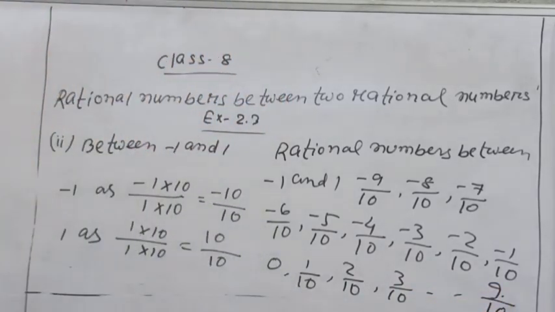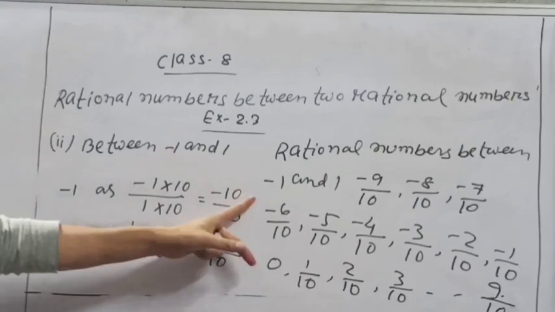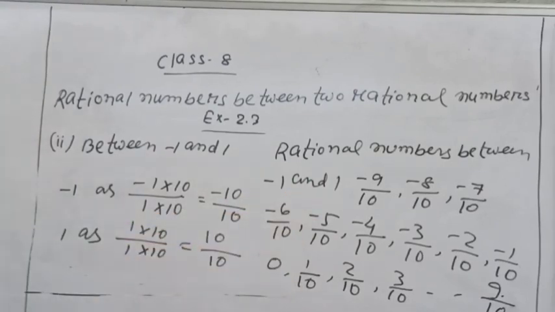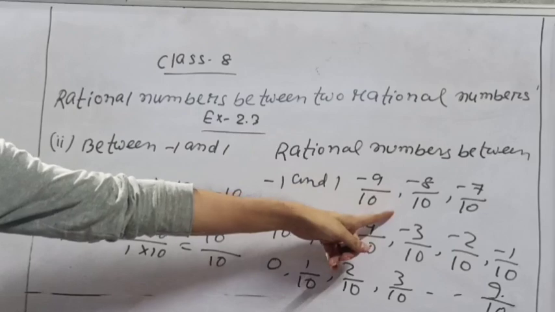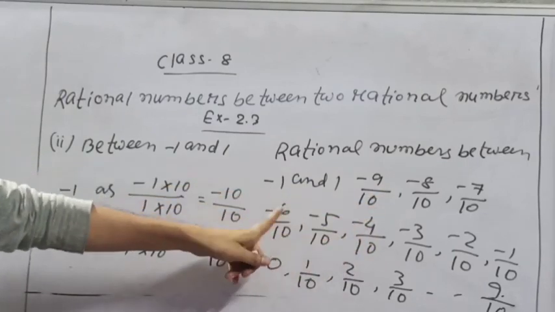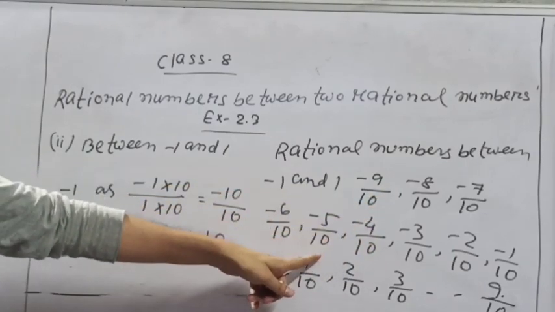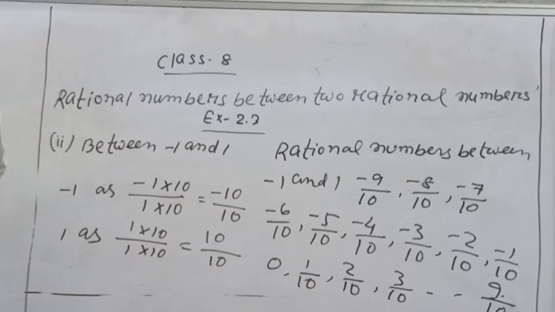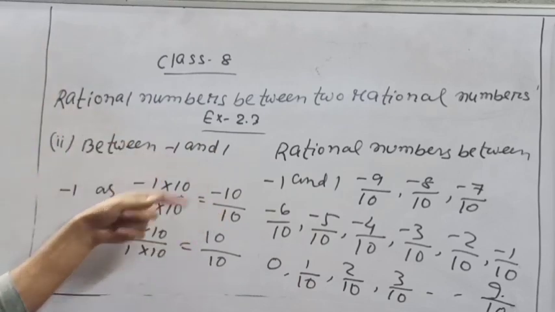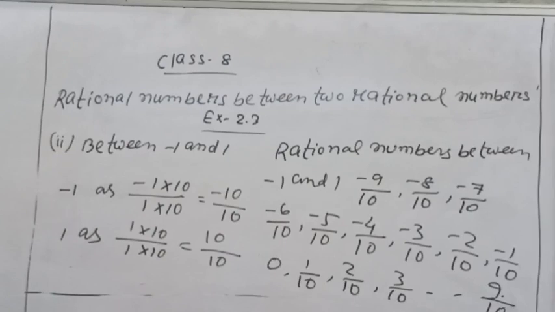So these are the rational numbers that lie between minus 1 and 1.